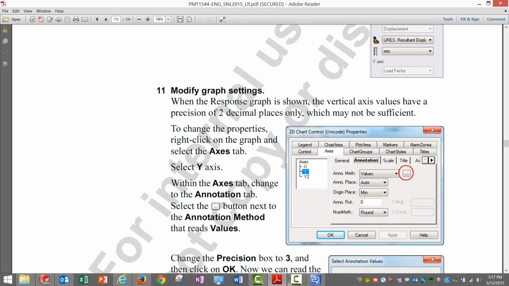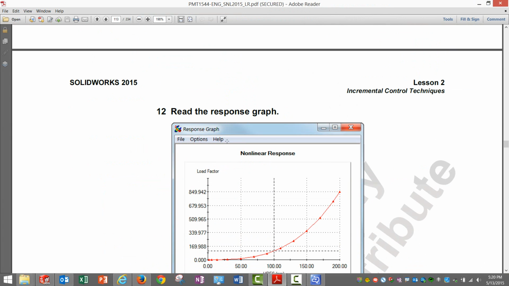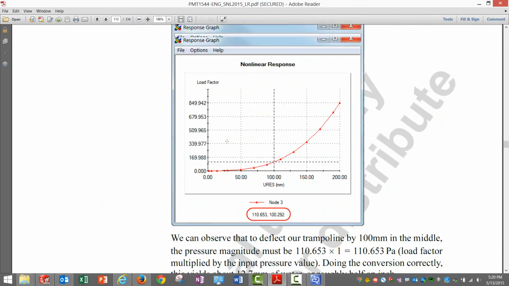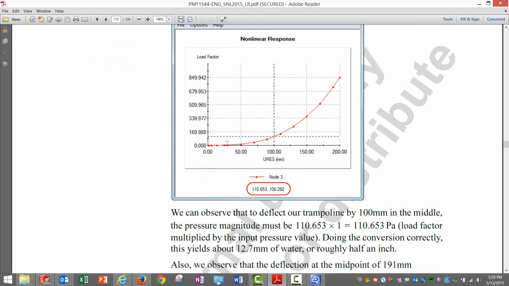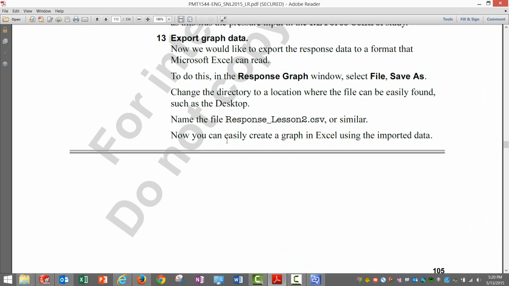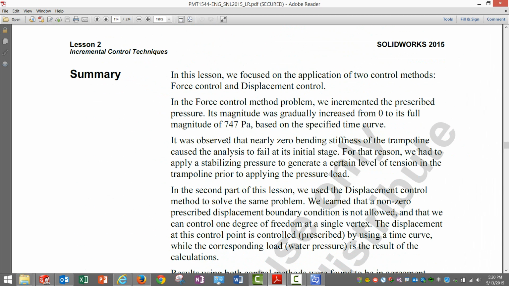Okay, this particular graph, okay, that's it. I think that's what we learn in this chapter. Some minor manipulations have been done in the way this graph is shown. If you want, you can explore it. We are also looking at exporting this graph into an Excel sheet. Okay, and pretty much that's it.